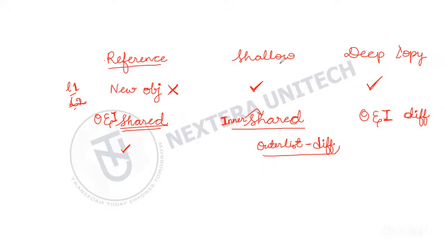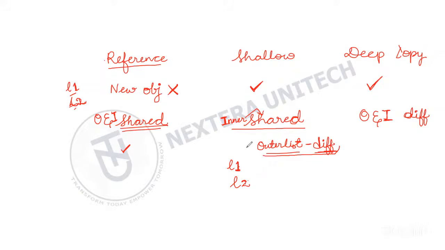But in shallow copies, if you modify the outer lists, as they have different memory locations, that won't be reflected in the other one. So if you modify the L1 outer structure using append or anything, as the outer lists have different memory locations, that won't be reflected in L2.